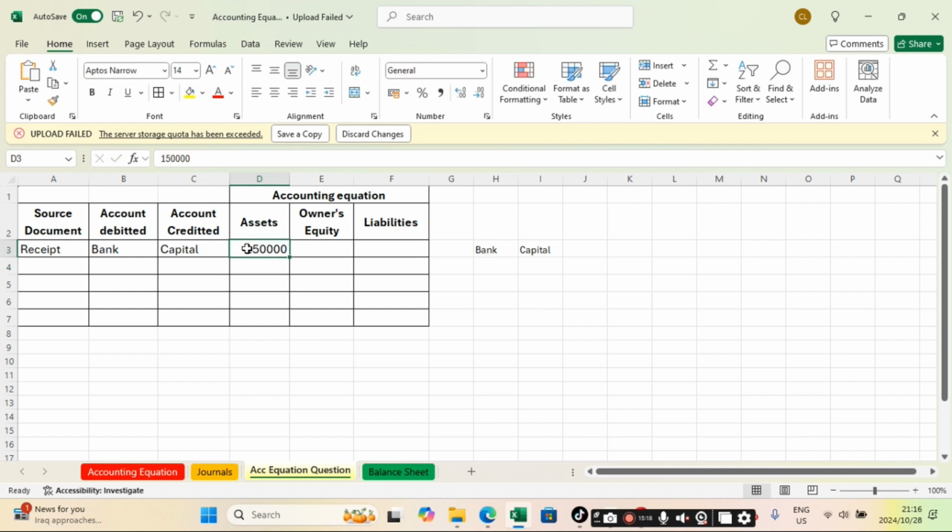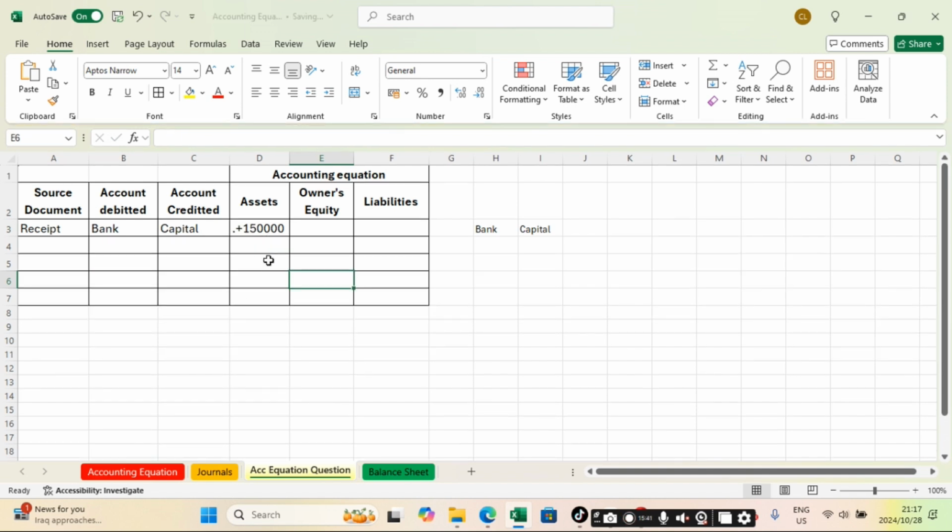Okay, so the plus doesn't want to stick there. Let me see what else I can do. Okay, I'll just do it like this. So it's plus 150. Our assets are increasing by 150,000.